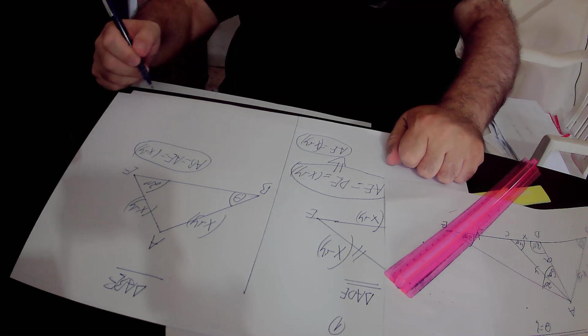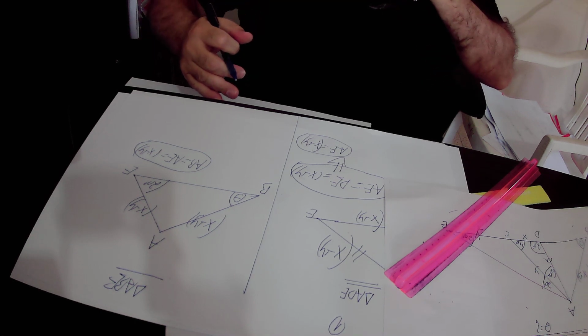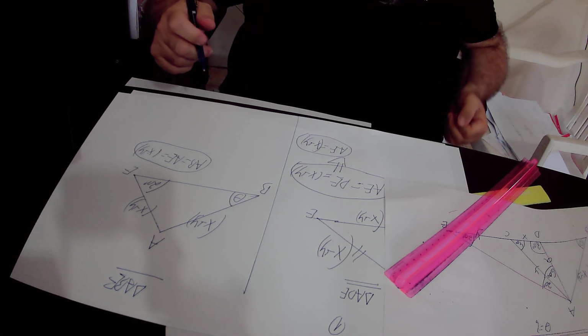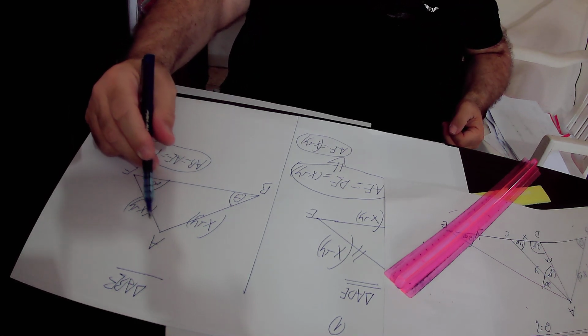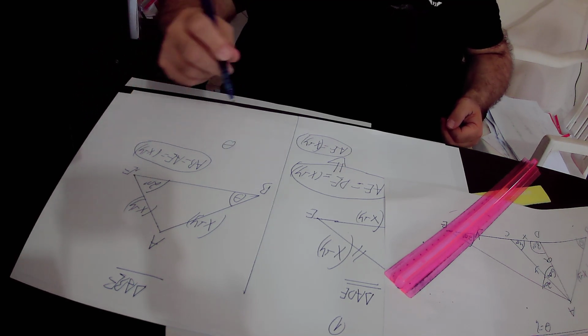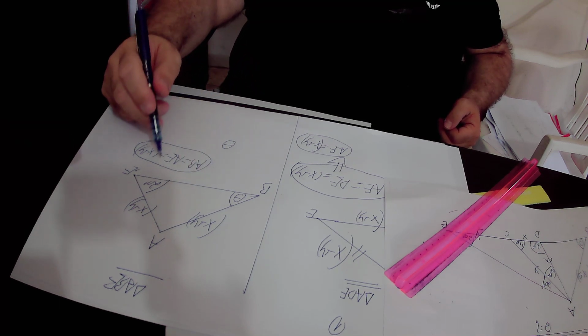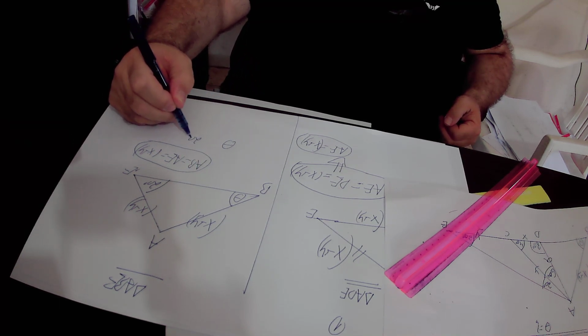And according to the rule that opposite equal sides in a triangle there are equal angles, here opposite this side AE we have angle theta, and opposite this side AB we have an angle equal to 20 degrees.